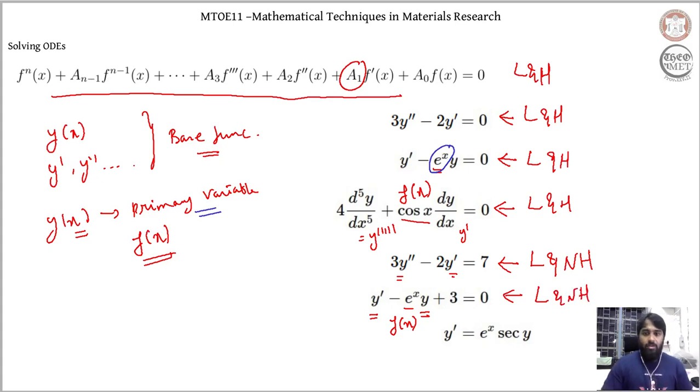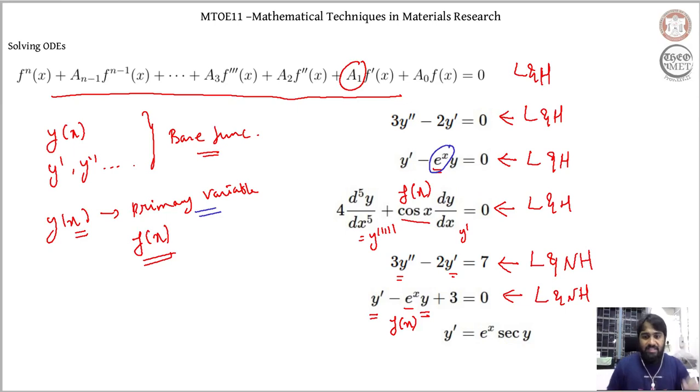So the linearity stems from the base function. The homogeneity, whether homogeneous or non-homogeneous, is based on how the sum reflects. If the sum is equal to 0, we end up having a homogeneous function. If it is not equal to 0, we end up having a non-homogeneous function.